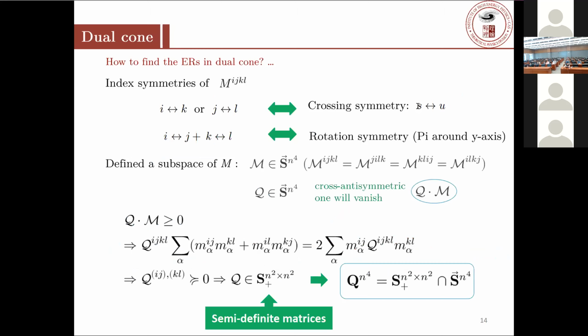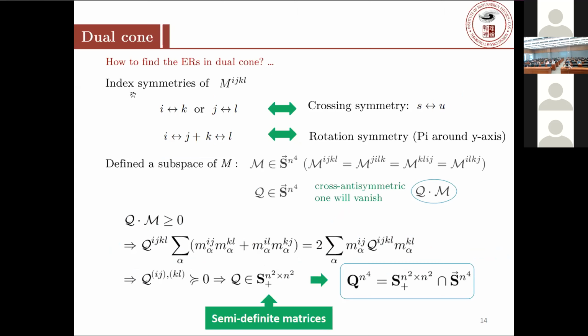Before we find the extreme rays in the dual cone, we first want to study the index symmetry of the M^{ijkl}. Firstly, the IK exchange or the JL exchange corresponds to the crossing symmetries, where the s and u will exchange. And the IJ exchange plus the KL exchange corresponds to the rotation symmetries. With this index symmetry, we can define a subset S^2(N^2), and we force the amplitude to belong to this subspace.